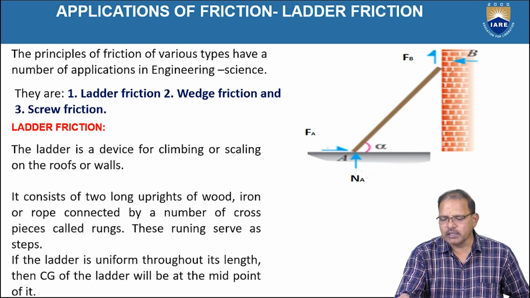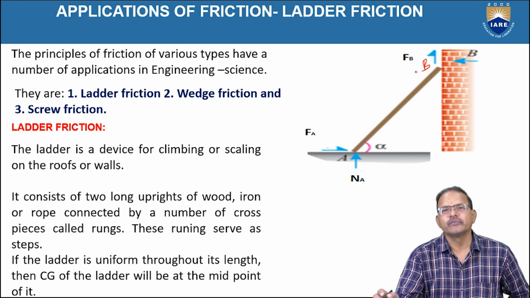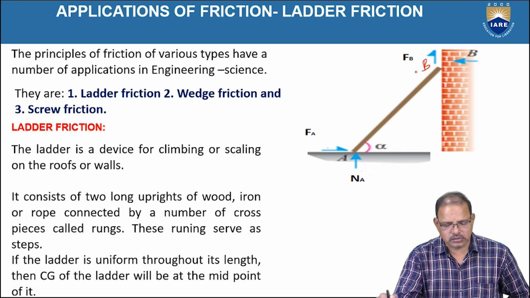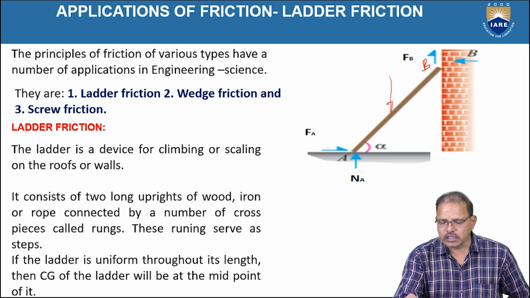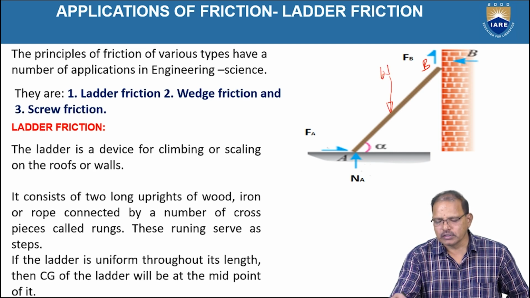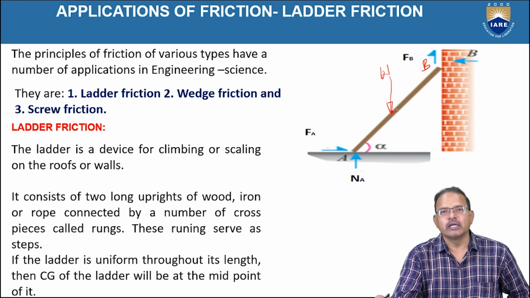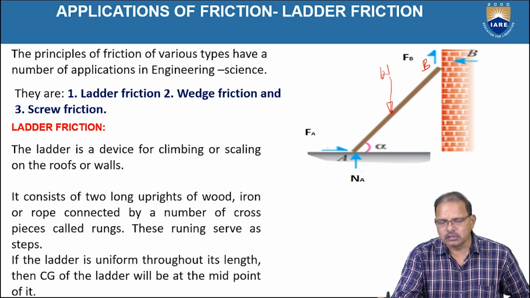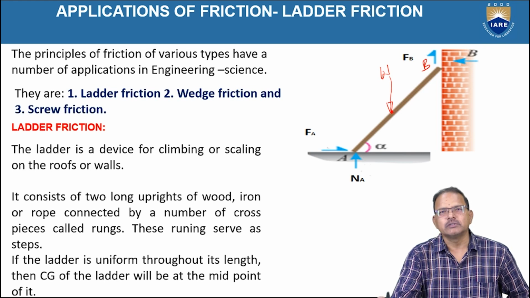Here A and B represent the ends of the ladder. The forces acting on it include the weight of the ladder. Since we take it to have a uniform cross section, the weight always passes through the center of the ladder.